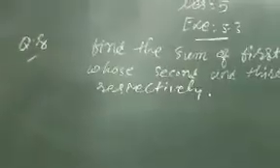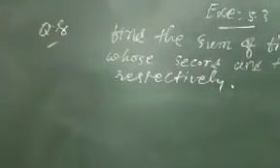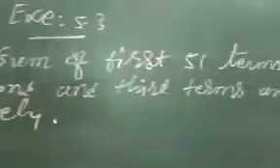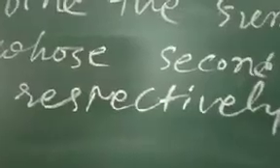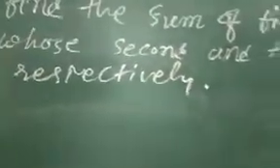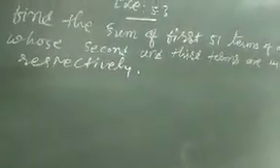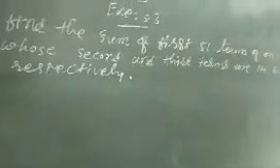Now we learn question number 8, and it is: find the sum of first 51 terms of an AP whose second and third terms are 14 and 18 respectively. So here second and third terms of this AP are given, and we find the sum of the first 51 terms.